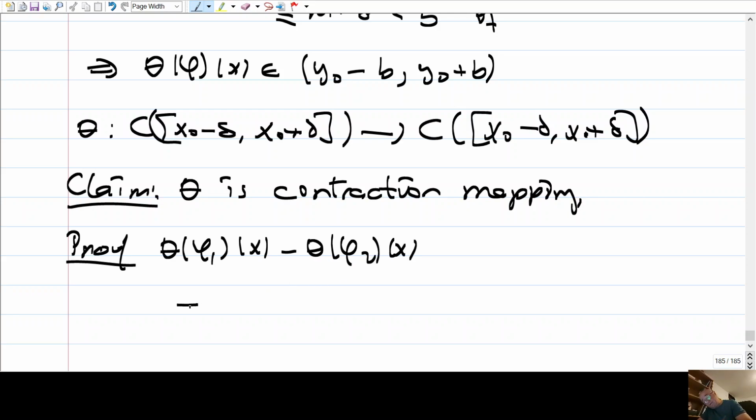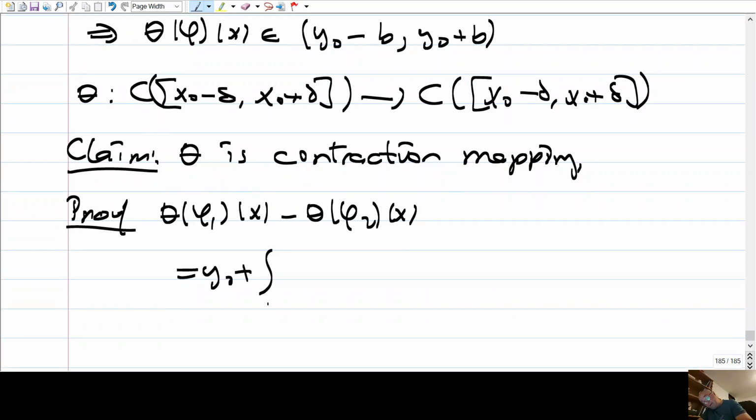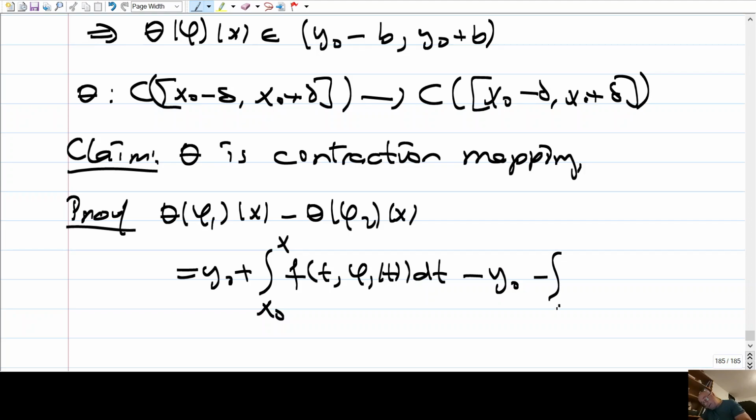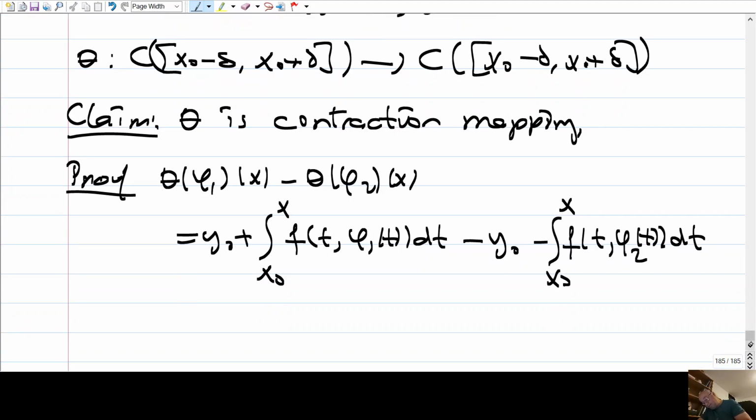This is just y0 plus the integral from x0 to x of f of t, phi 1 t dt, minus this other one, y0 plus the integral from x0 to x of f of t, phi 2 t dt.